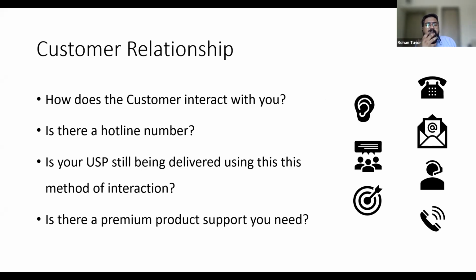Is the customer really getting what I thought he or she should get from the product? For him to move from somebody else's product to my product, I promised him a certain something.